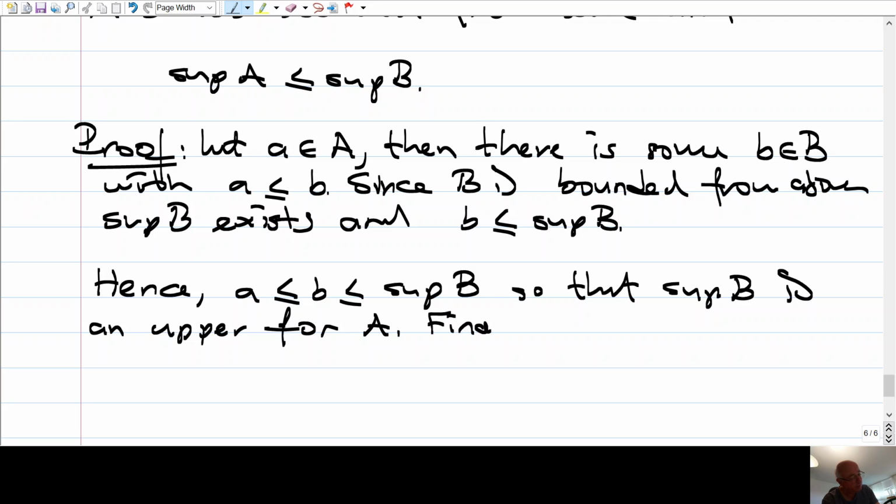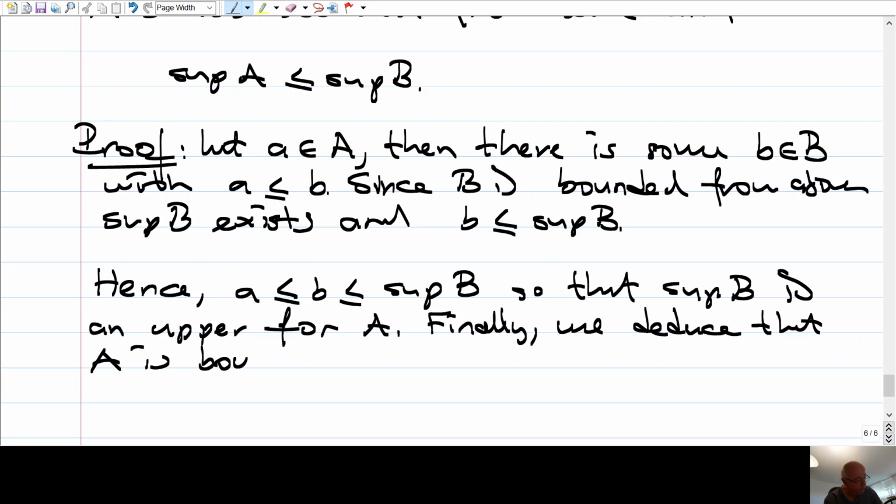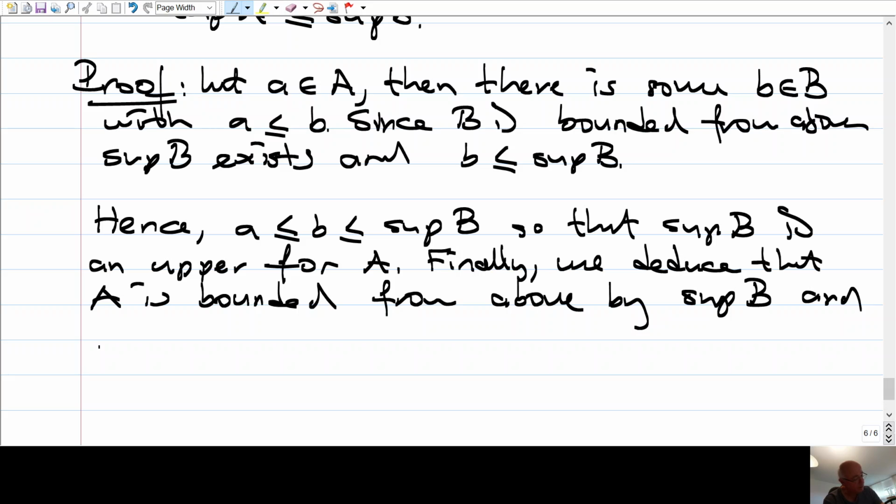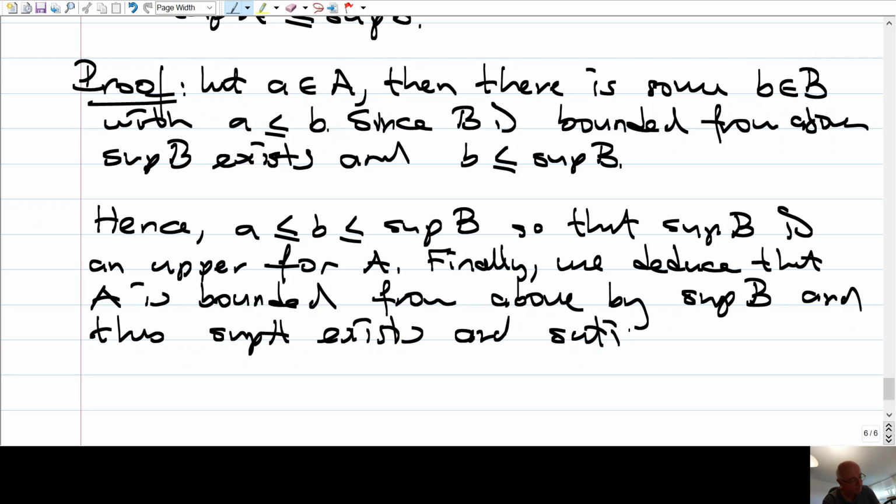Finally, we deduce that A is bounded from above by the supremum of B, and thus the supremum of A exists and satisfies this.